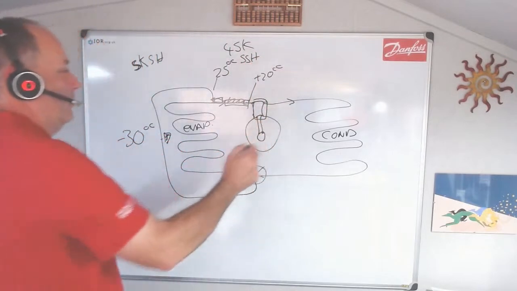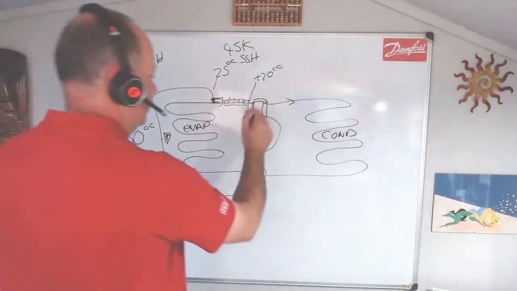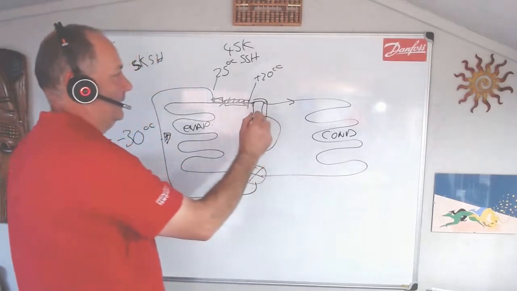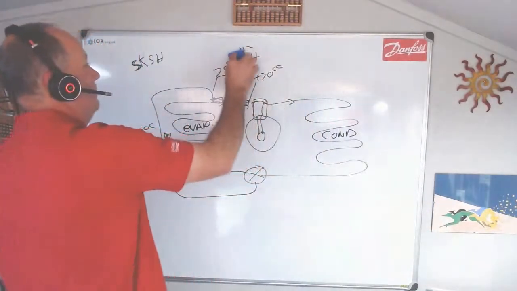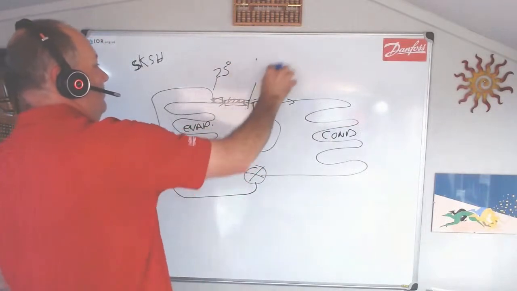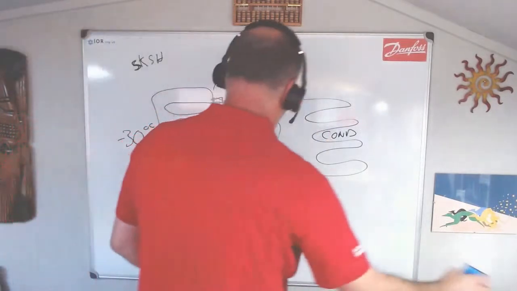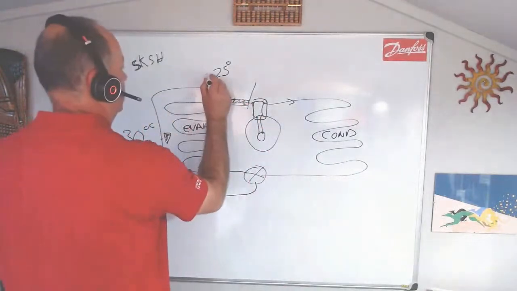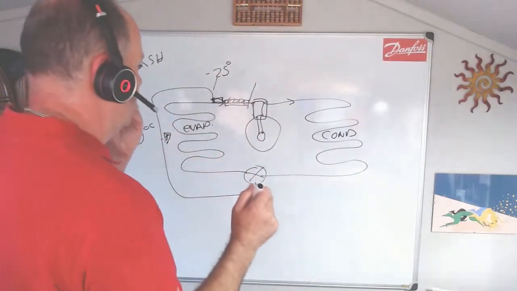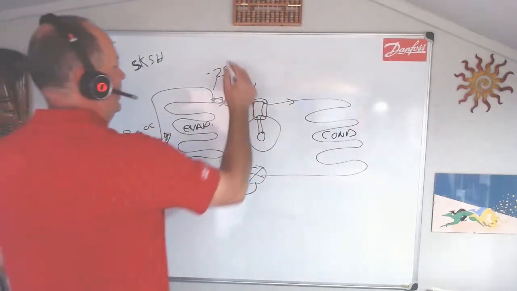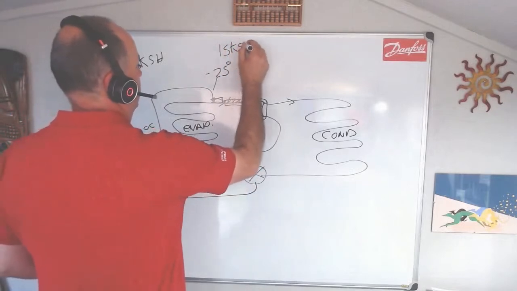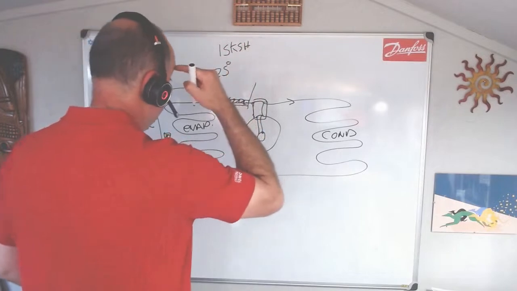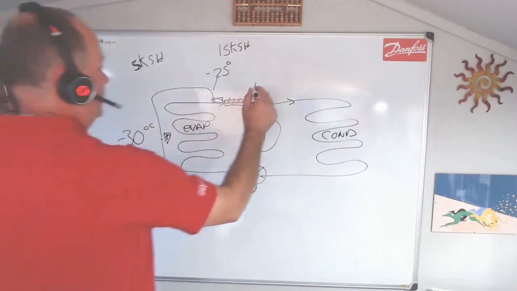And our compressor won't cope with that, because that compressor is designed as a low temperature compressor. So we're at -30, -25. We might pick up, let's say, 15K superheat. So that means here we're at -10.